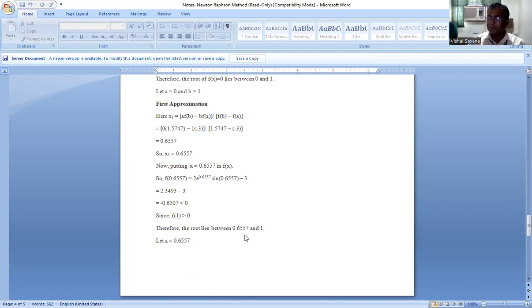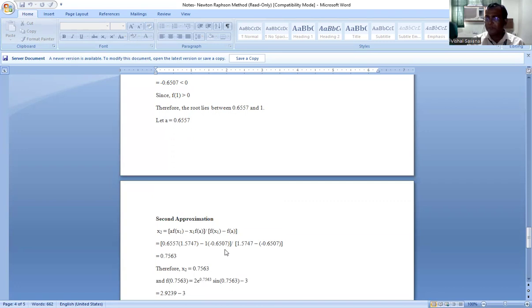Now again, the regula falsi method is to be applied here, so again we have to give the notations. Because 0.6557 is smaller than 1, assume that a is equal to 0.6557 while b is equal to 1.